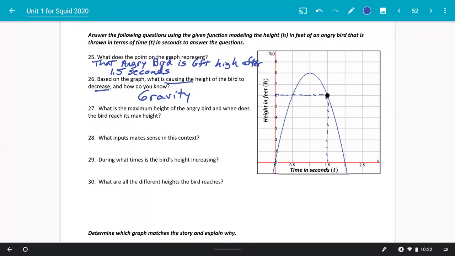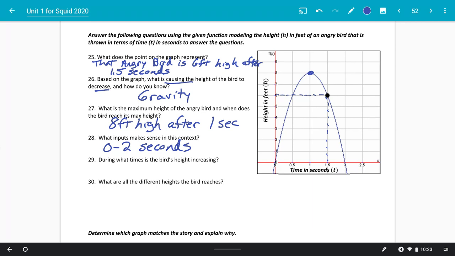Number 27, what's the maximum height the angry bird gets, and when does the bird reach it? Well, it gets 8 feet high after 1 second. That's the maximum. What inputs make sense? Inputs make sense from 0 to 2 seconds, because this area here and here would represent below ground level, and that's not what we're talking about.